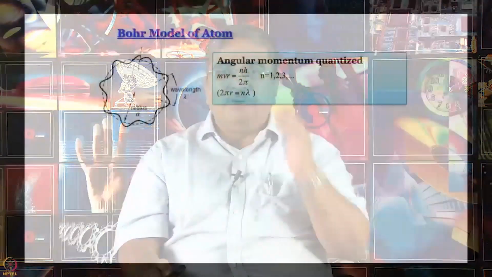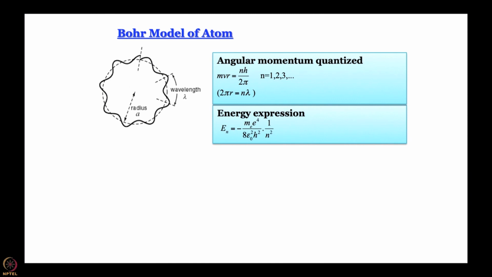Bohr did a fairly simple calculation using the tools of classical mechanics. These tools are essentially things like algebra and more importantly calculus. So, using calculus, what one can work out from Bohr's theory is the energy.